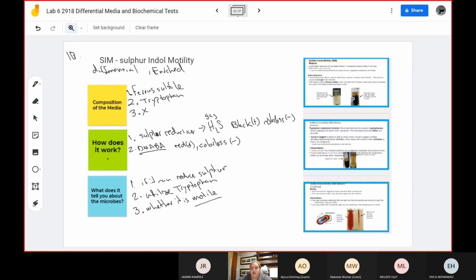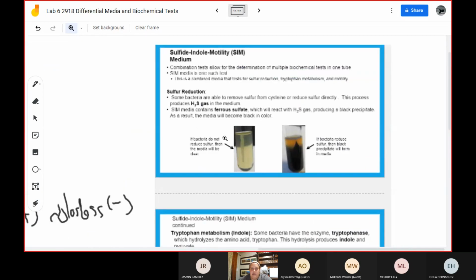So if we take a look at some of our other pictures up here, we can see in this culture here, we have the stab line of bacteria. They did not grow out. So that would be a non-motile bacteria. It is also negative for sulfur reduction because there's no black precipitate. And assuming they've already added Kovacs reagent, it would also be negative for indole production.